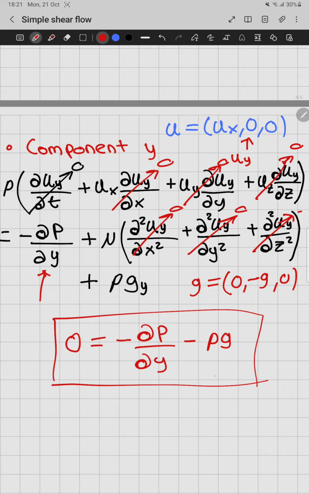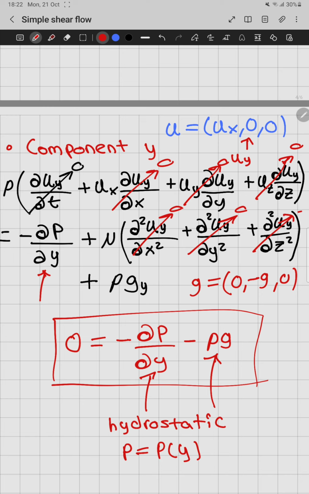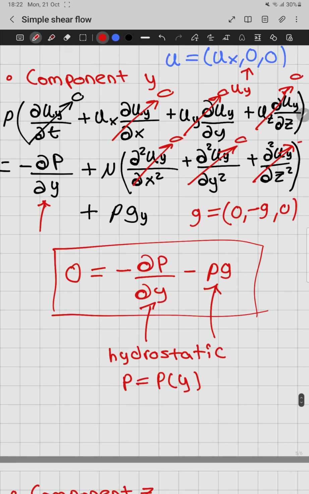So here the gravitational forces have to balance the effect of the pressure in y direction. This equation is equal to 0, so these two have to balance each other. This is the hydrostatic equation. In fluids also, the pressure depends on the height of the channel.